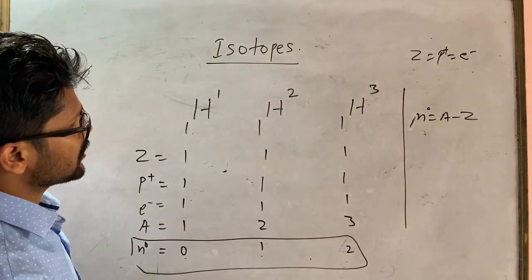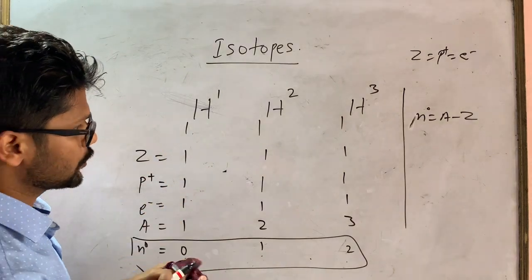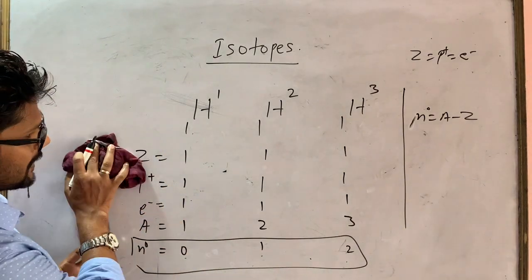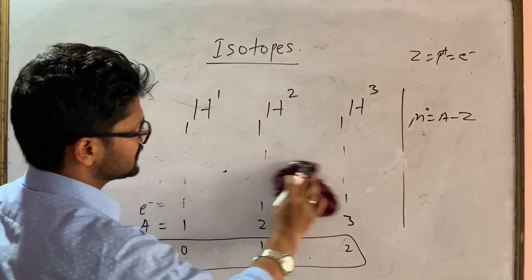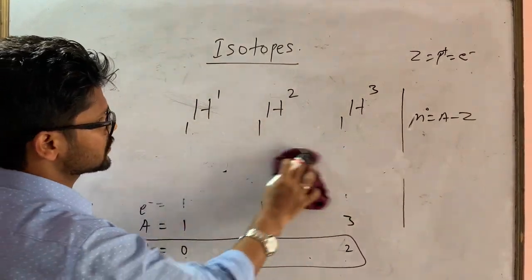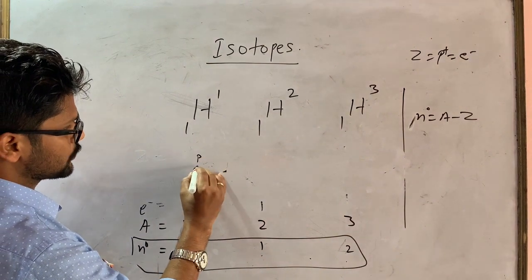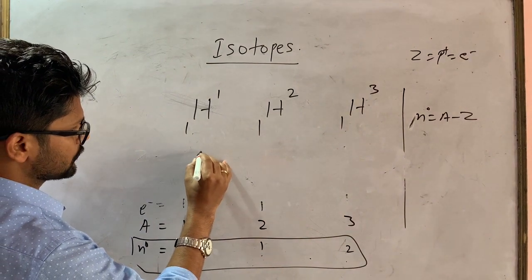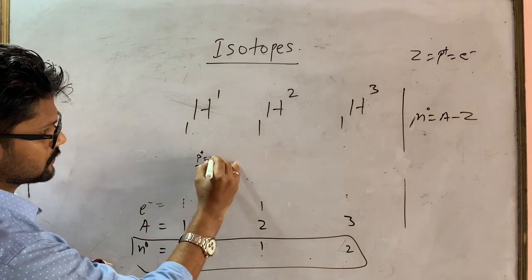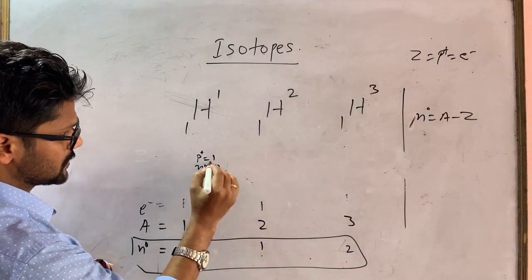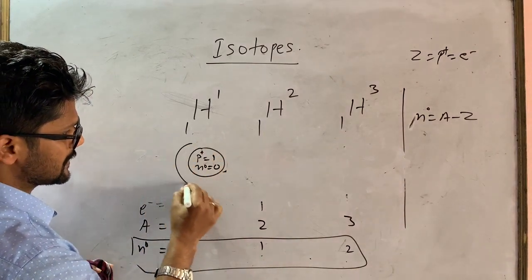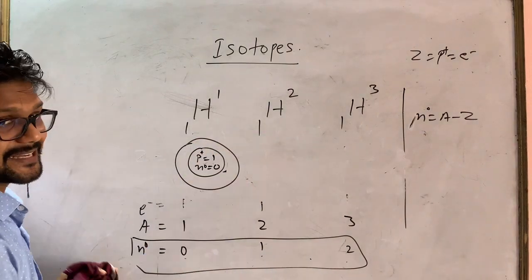You can also draw the orbital structure for each. I'm going to just remove this one and draw the atomic orbital structure for each. As we know, at the center, in the nucleus, protons and neutrons are present. In the first case we saw proton is 1 and neutron is 0. So this is present in the nucleus, and after the nucleus there are shells.